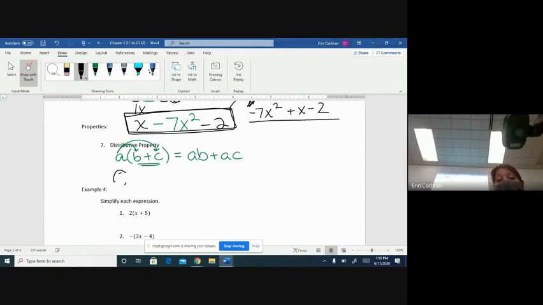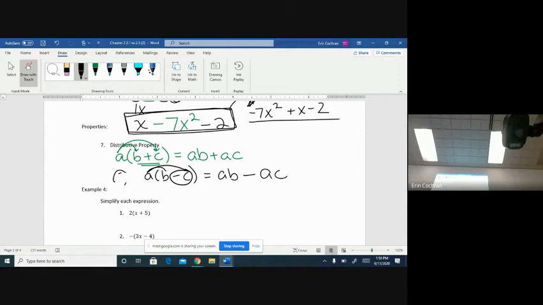Right, but can I actually do what's inside the parentheses? No, because they're not like terms. So then we distribute, yep. So now if it's minus, it's the same idea. We're gonna take A times B, but now when we multiply, A times a negative C is going to be a negative number, so I put a minus AC, okay?